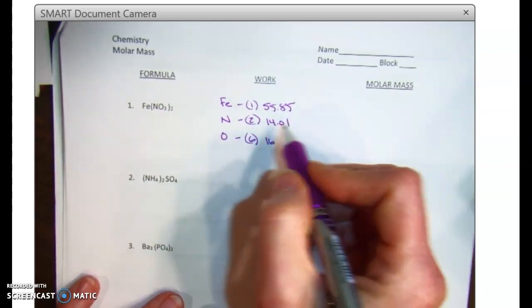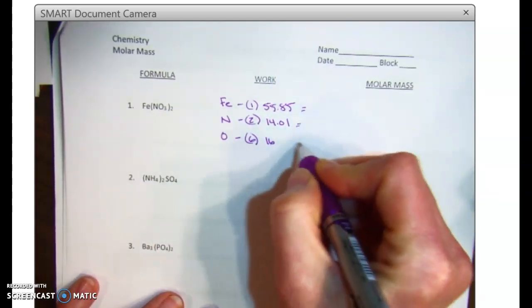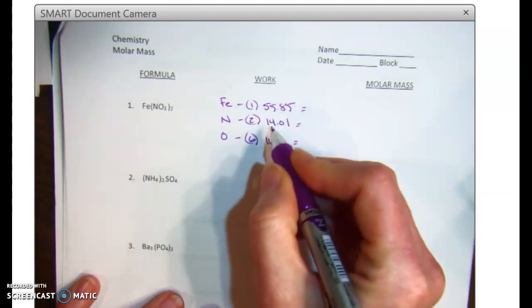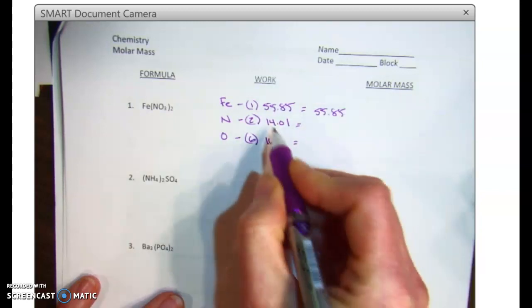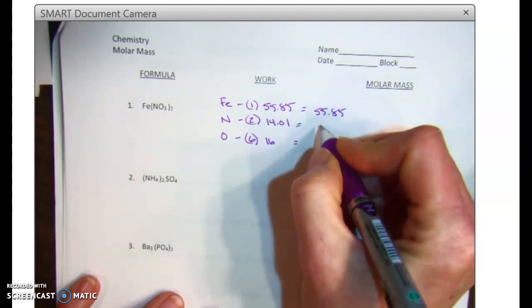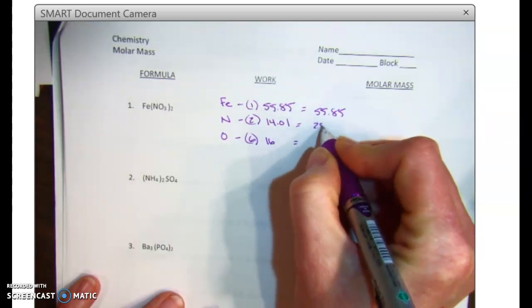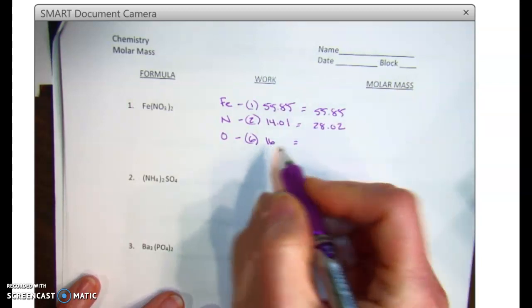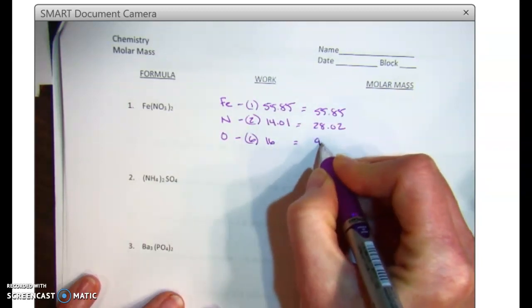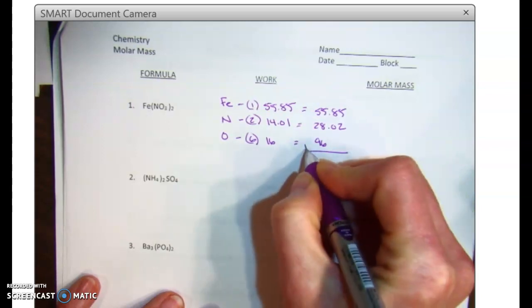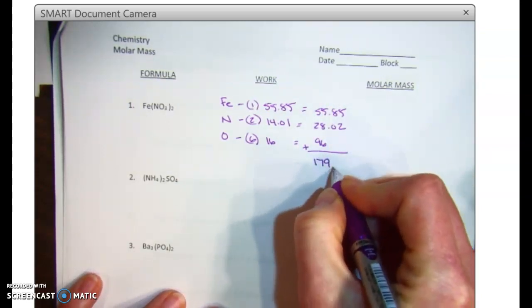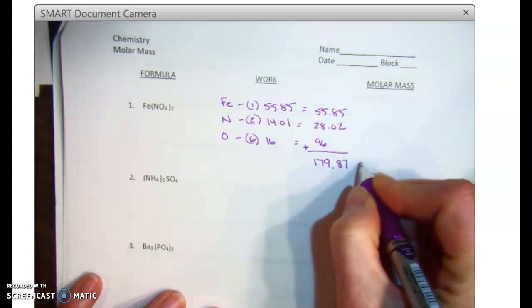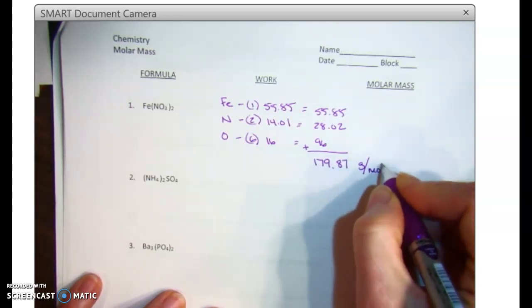So the next step would be to then get your total amounts. So I have 55.85 times 1, 14.01 times 2, which is 28.02, and then 16 times 6, which is 96. Then I'm going to add these all together. You get 179.87, and it's grams per mole.